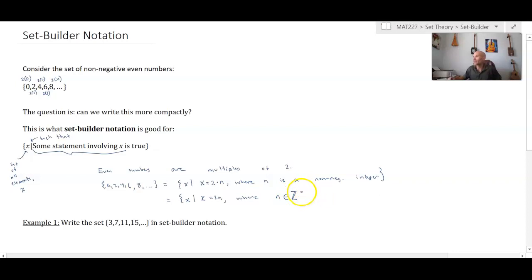And I only want it to be the non-negative integers, so I can also say something like n is greater than or equal to 0. Okay, so maybe that isn't more compact, that's a little bit more symbolic, and that means exactly the same thing. So Z is the set of all integers. That's a reserved symbol. That's across any mathematics course, that symbol means the same thing.